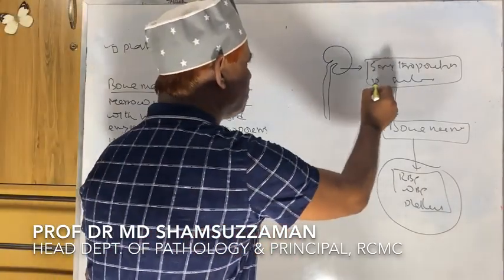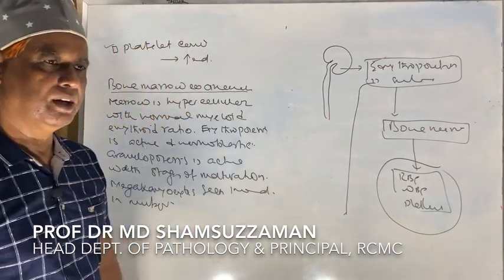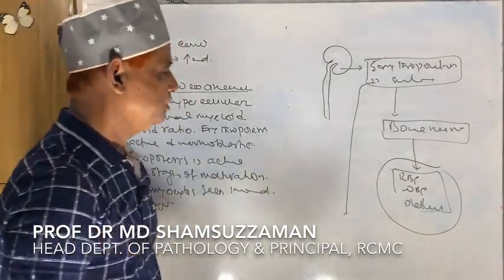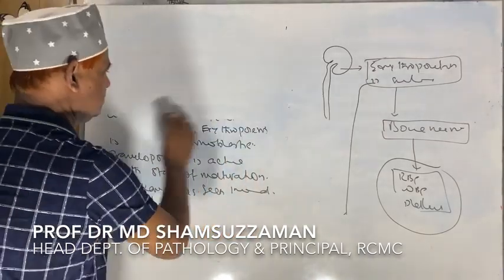Now come to what is the cause of excessive erythropoietin production.